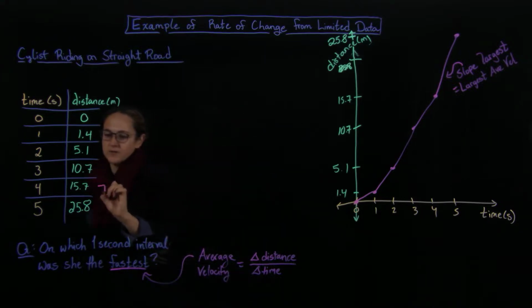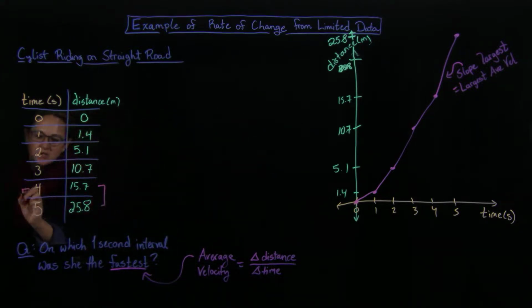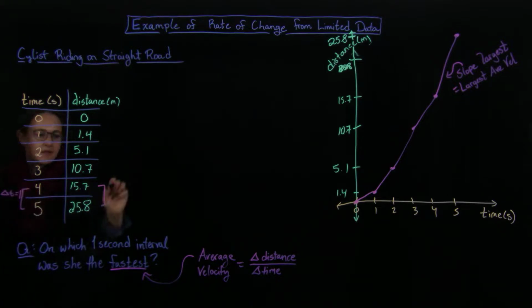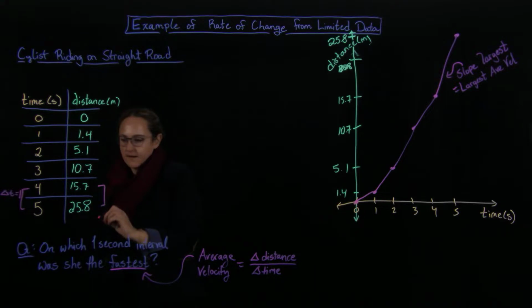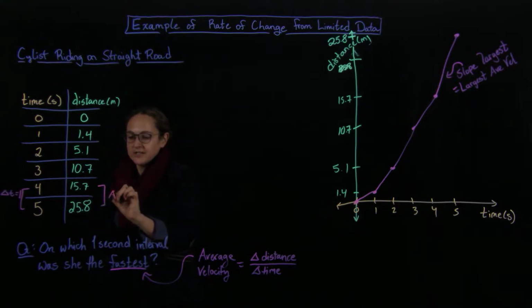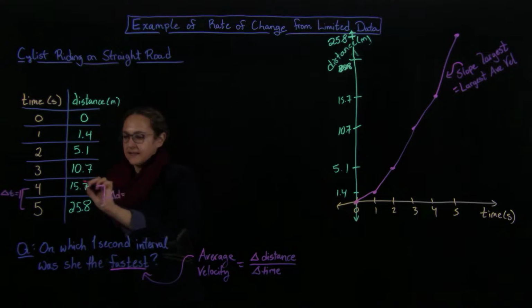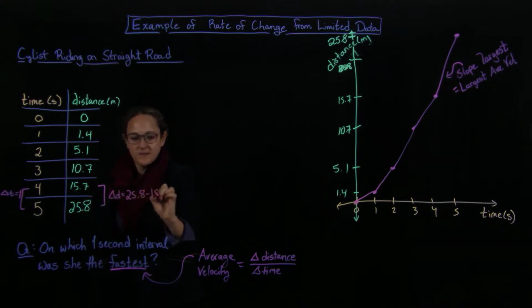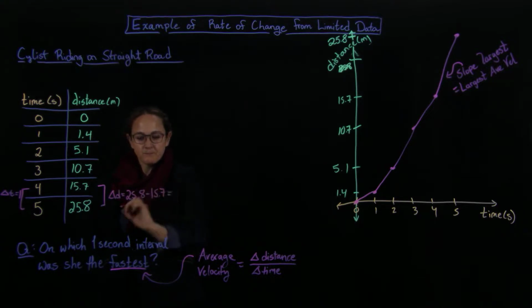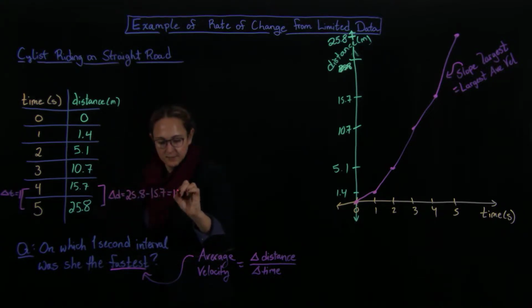If I wanted to do the slope, here my change in t is equal to 1. And my change in distance is going to equal 25.8 minus 15.7, which should equal 10.1.